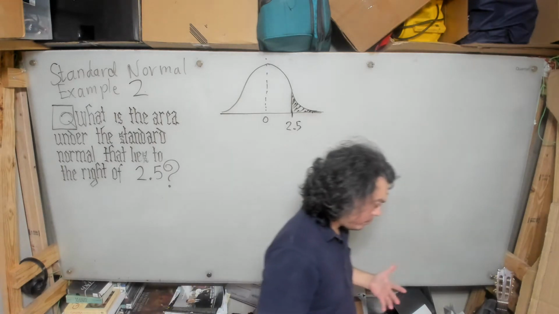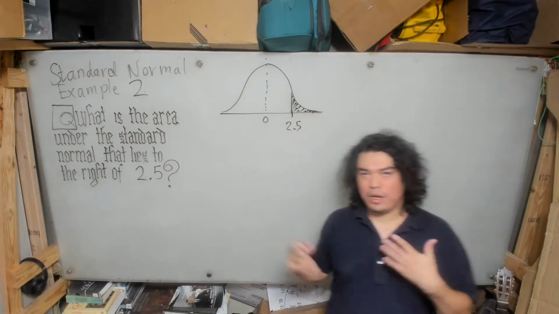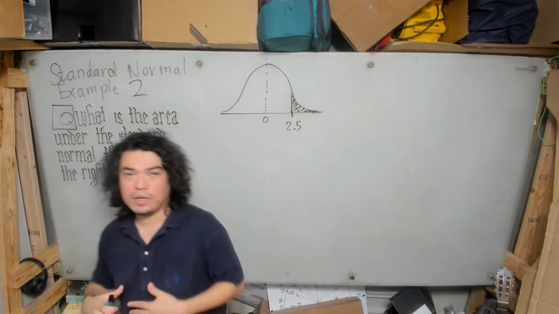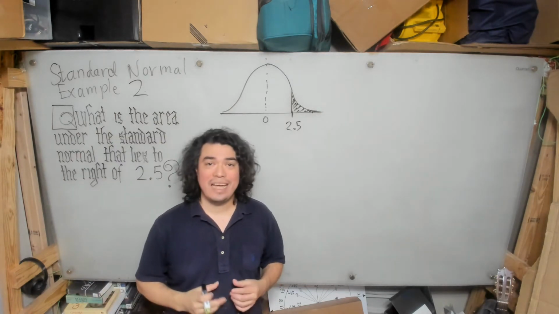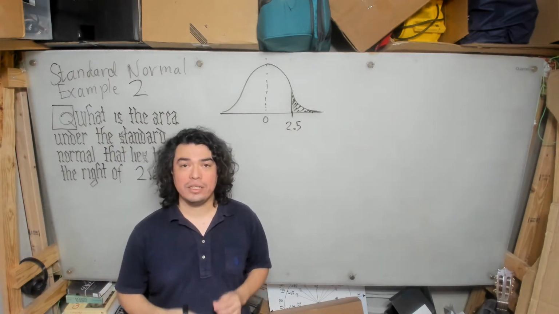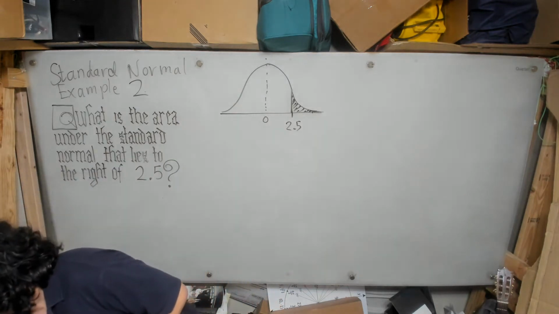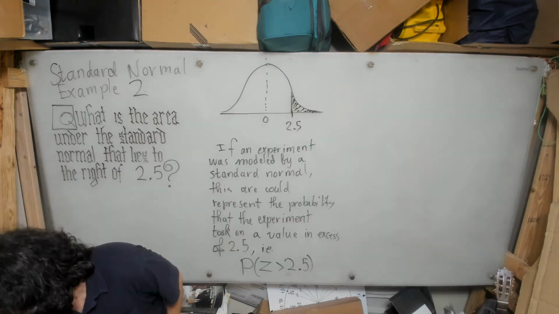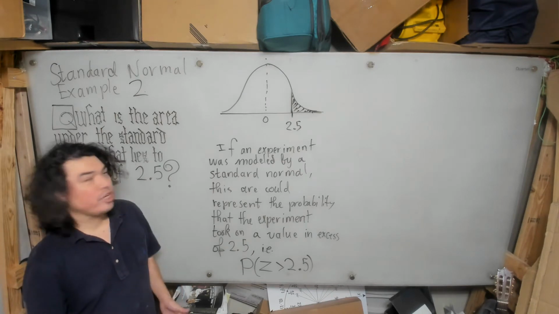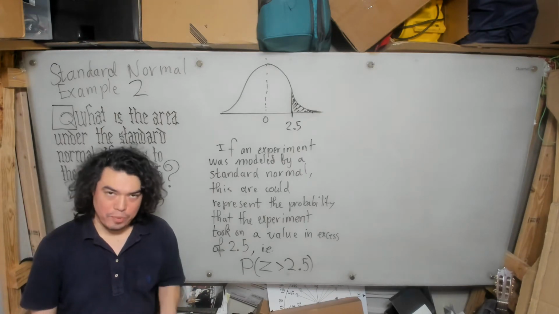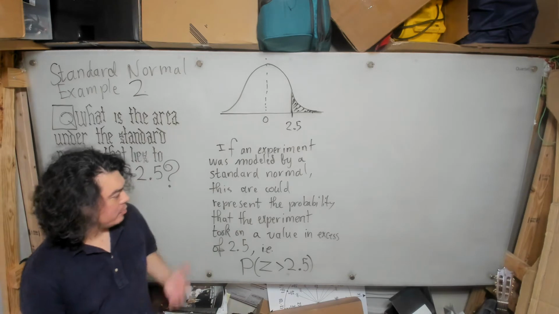So now, again, even though this is not part of the problem, we could attach to this area a probabilistic interpretation. So let's do that right away. I want to give this to you, because it's important.